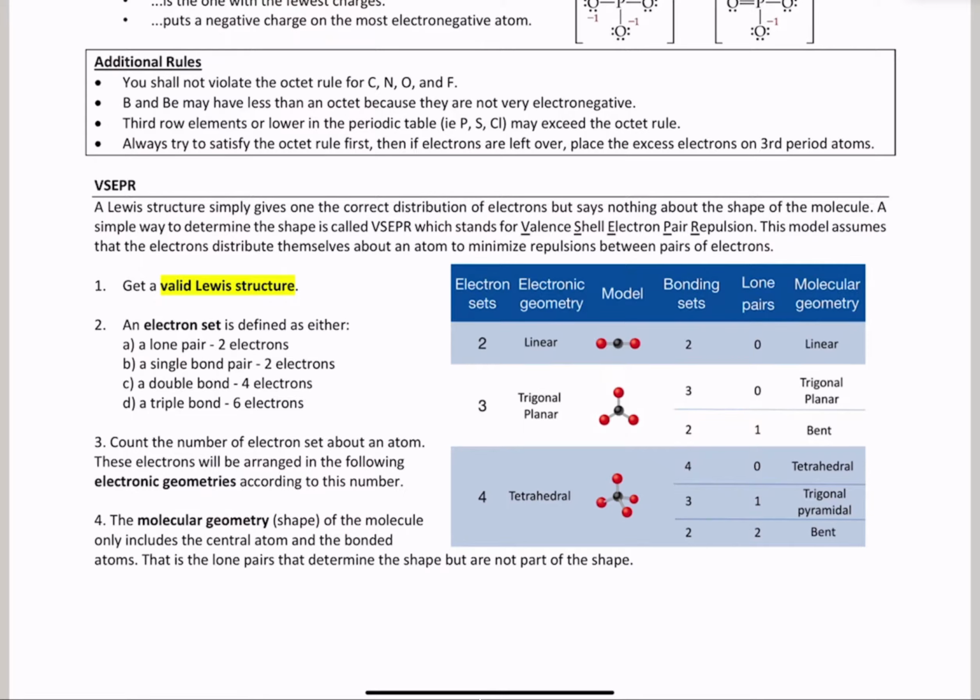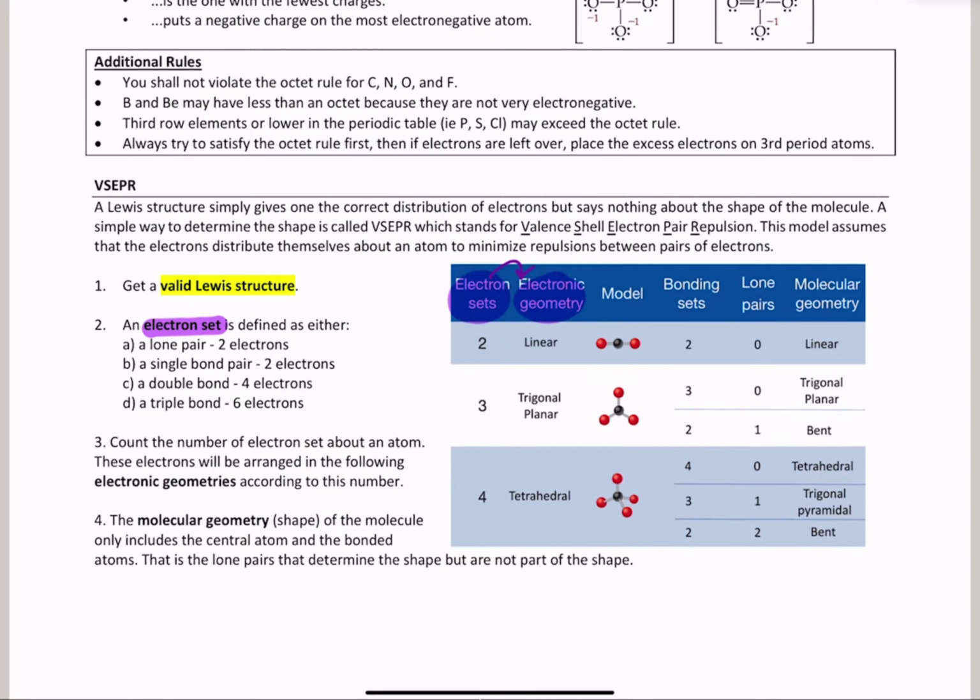Then you define the electron sets around the central atom. Based on the number of electron sets, I can determine what is called the electronic geometry.